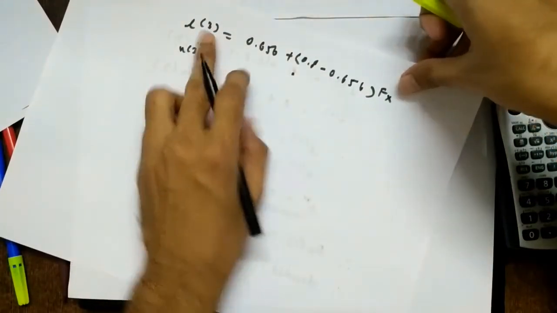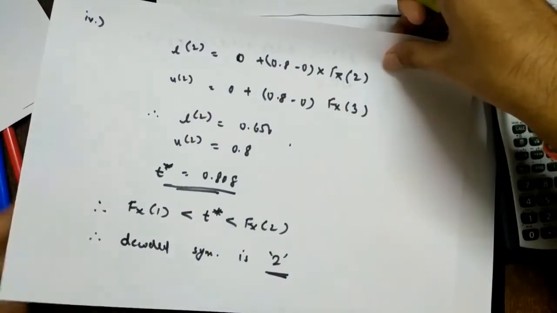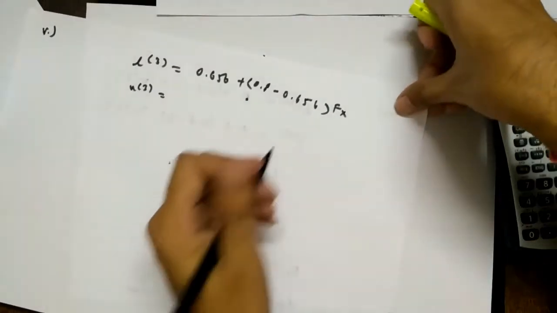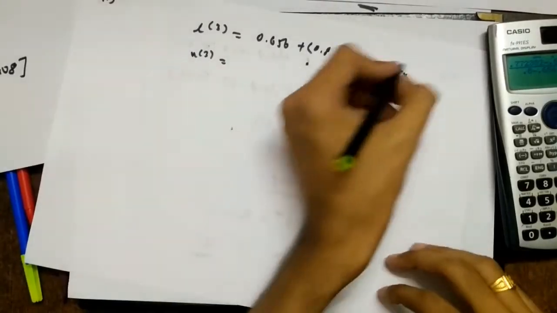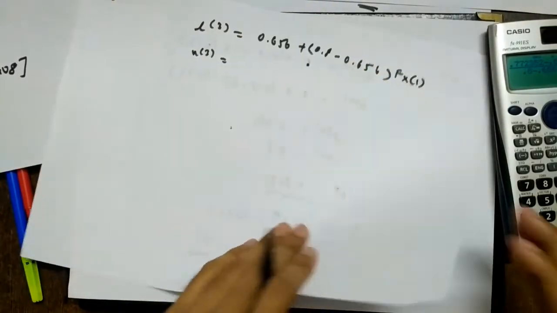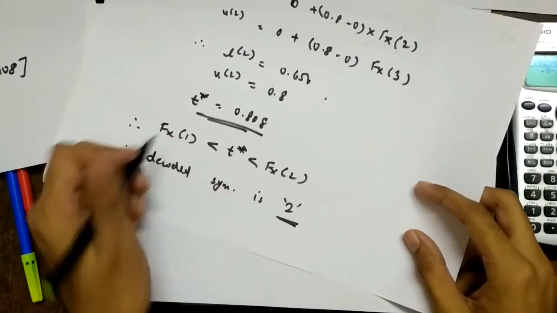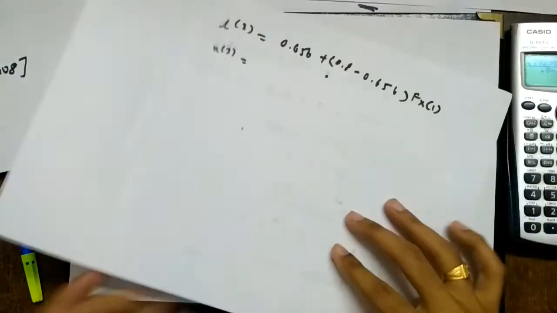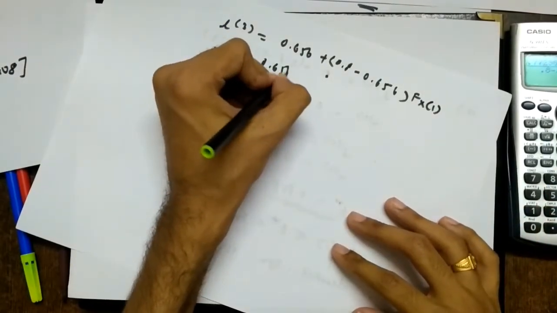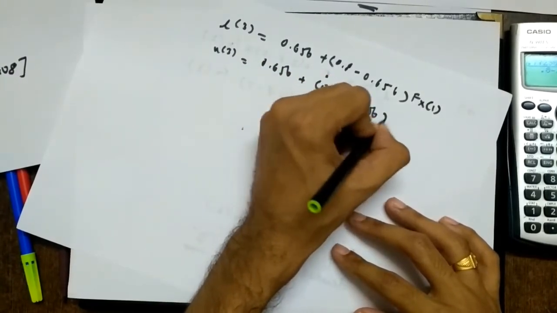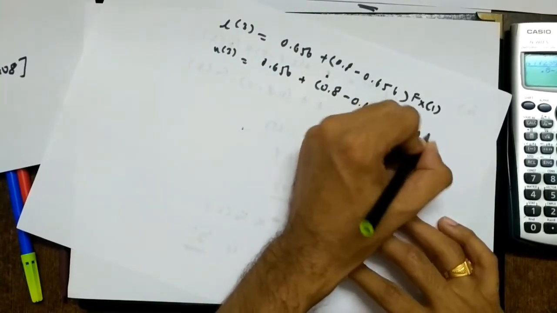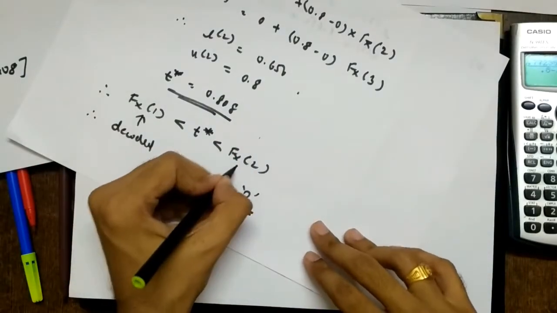X3 minus 1. So x3 minus 1 will be what? Fx of 1. Why? Because in the last step we have to take left side. So fx of 1, then it will be 0.656 plus 0.8 minus 0.656 fx of 2. Why? Because right side is fx of 2.